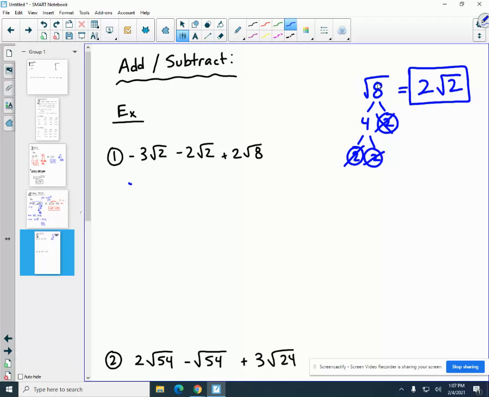So when we rewrite this, we're going to rewrite the radical 2's just the same. And we know our radical 8 is going to be 2 radical 2, and that's just through our simplification stuff. The next thing we're going to do is actually deal with multiplication, and that'll be in the previous video that we talked about.